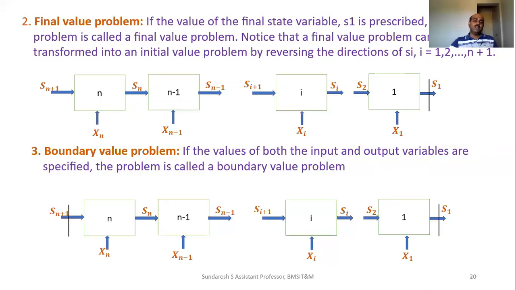Then comes the last type of multi-stage decision problem, the boundary value problem. In this type of problem, if both the values of the input and output variables are specified or prescribed, the problem is called a boundary value problem.